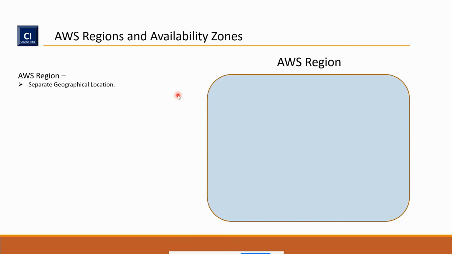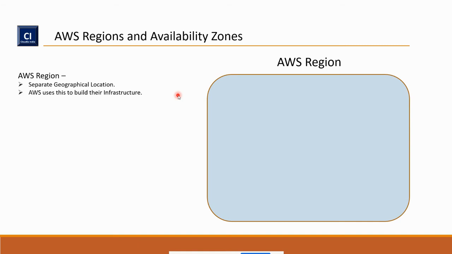You can choose the regions as per your convenience or the majority of your users or business. AWS uses these regions basically to build its infrastructure. You can also say this is the home of AWS in any location.